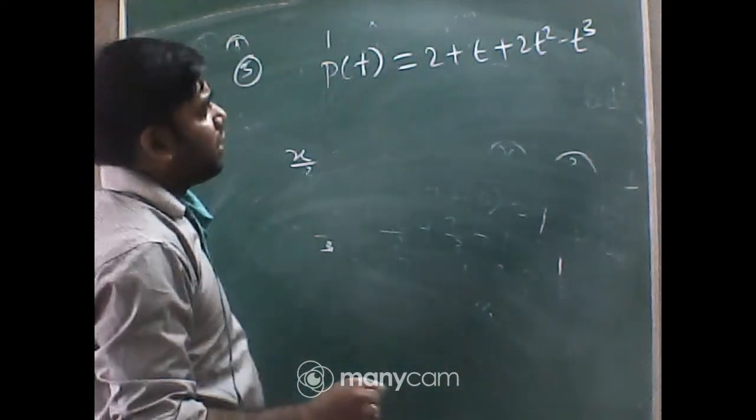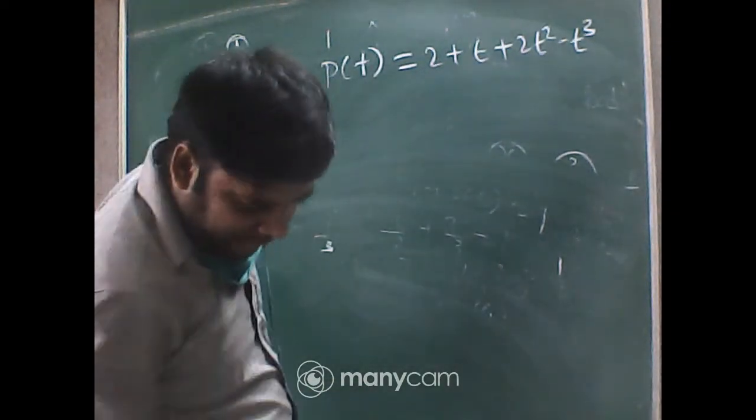Plus t plus 2t square minus t cube. Then find p of minus 2.